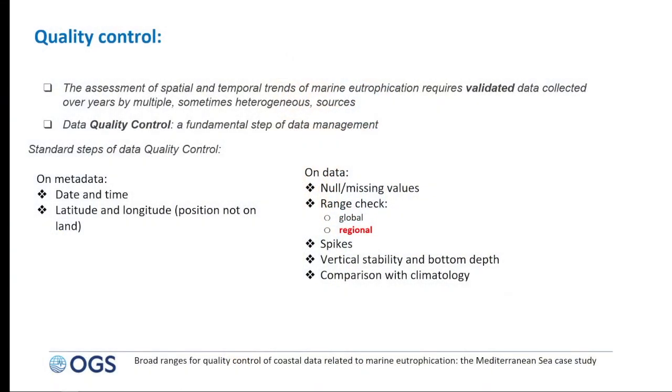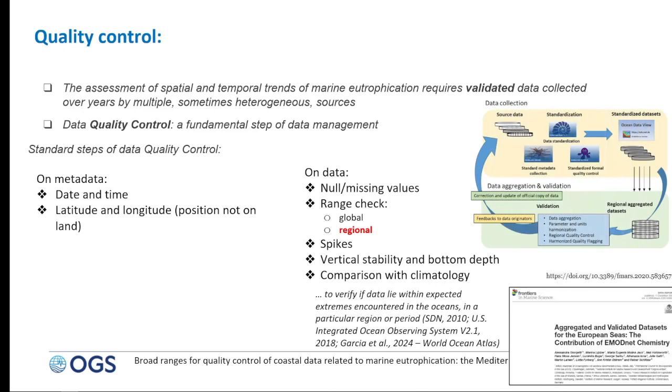And what is traditionally done is to do control on metadata and on data, which consists of null or missing values, and range checks, using global checks, but also regional. This is to verify if data lie within expected extremes encountered in the oceans in a particular region or period.